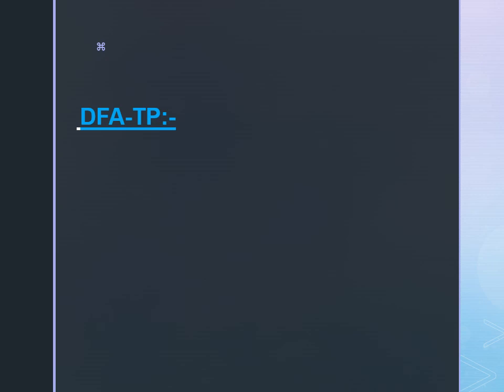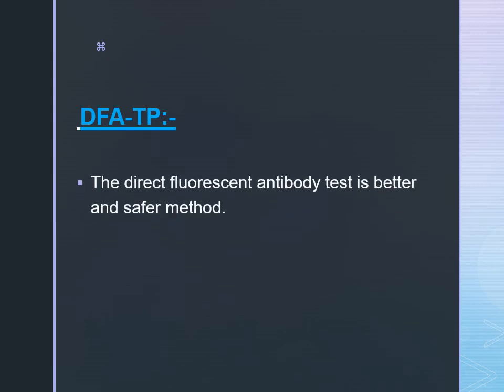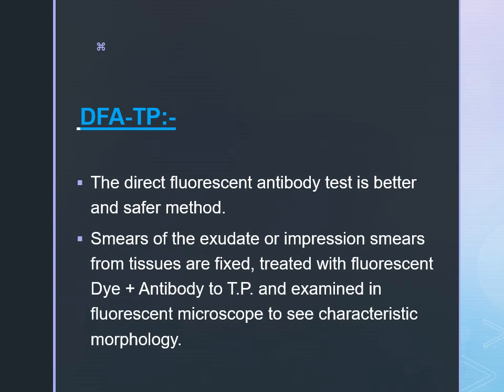In dark field microscopy, we are directly examining the sample. So the person who is examining is also at risk because live bacteria are there. This is considered to be safer: on the slide we directly take the exudate from the lesion, and we tag it with the antibody which is already tagged with a fluorescent dye.